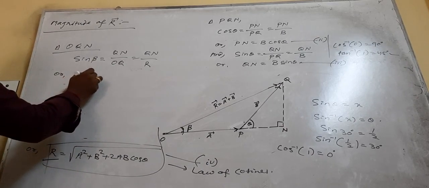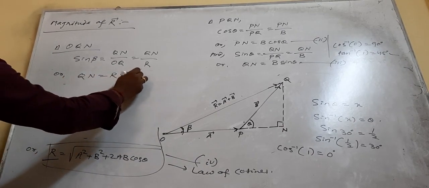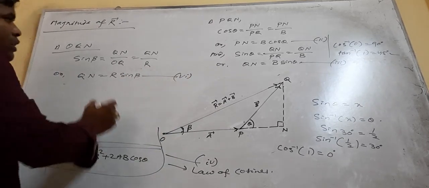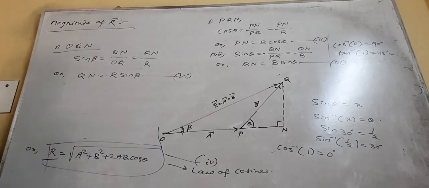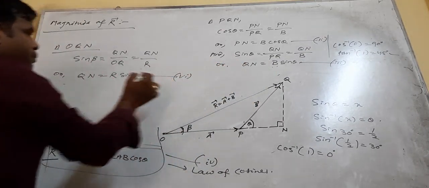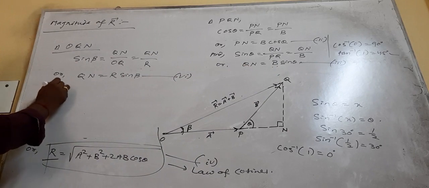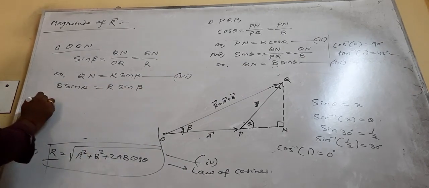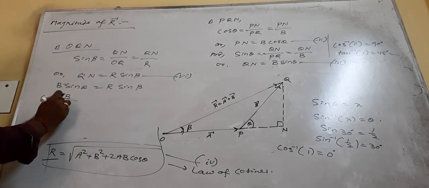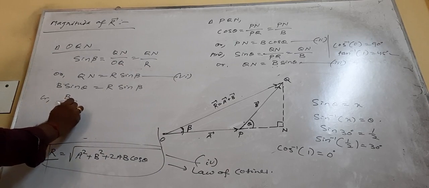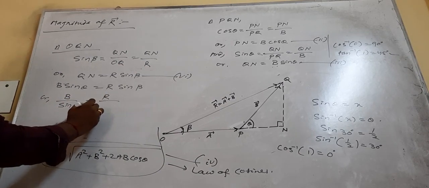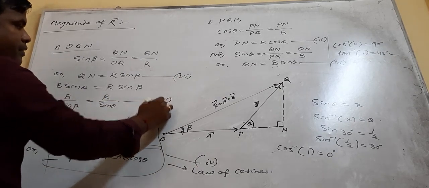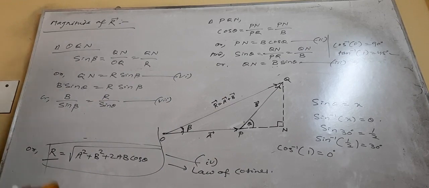So QN is equal to R sine beta. It is your equation number 6. So here QN is B sine theta, here R sine beta. From equations 3 and 6, how can we write? B sine theta equals R sine beta, or B by sine beta equals R by sine theta. Equation number 7.